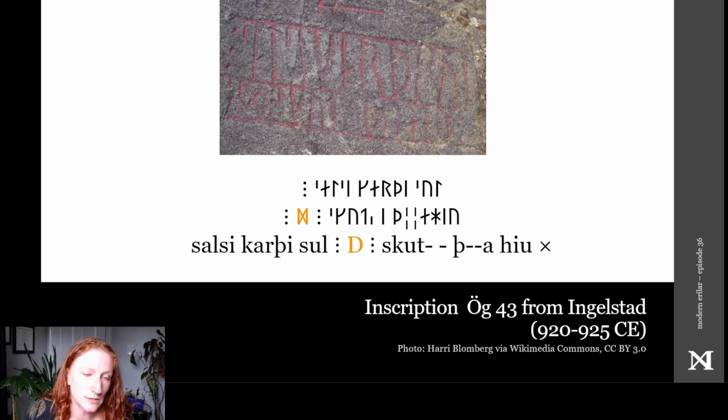We have a second instance of the use of an Elder Futhark rune within an otherwise Younger Futhark inscription. This is from Ingelstad in Norrköping, Östergötland. The text contains one single Elder Futhark Dagos rune, indicating either the name Dag or the word day, according to different possible interpretations of what you can probably see is a pretty damaged second line.